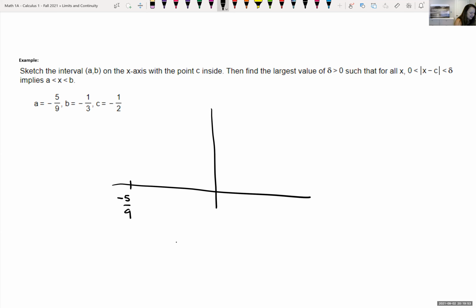Here is -5/9, let's say this is -1/3, and let's say this is -1/2. So we're looking at all the x values that are between -5/9 and -1/2.